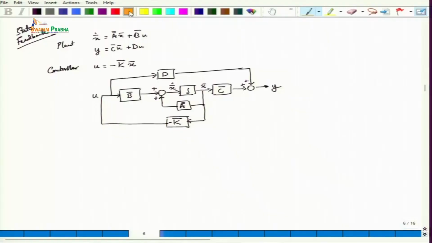Basically this entire part here represents the plant, and this portion here represents the controller.